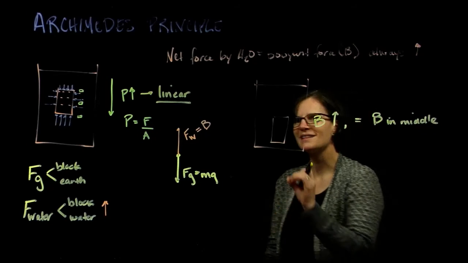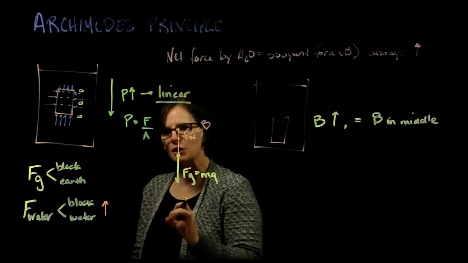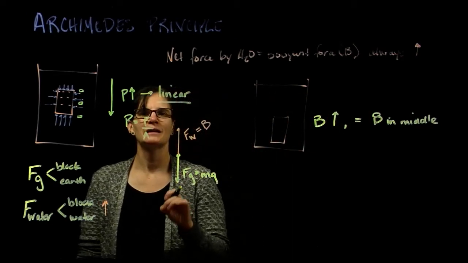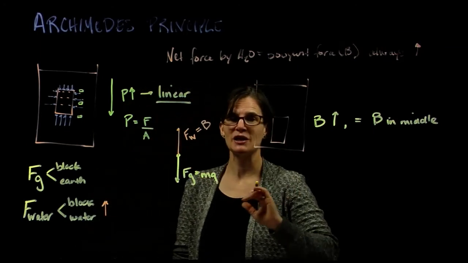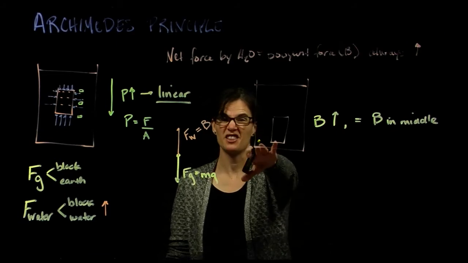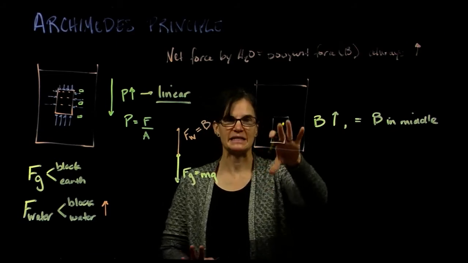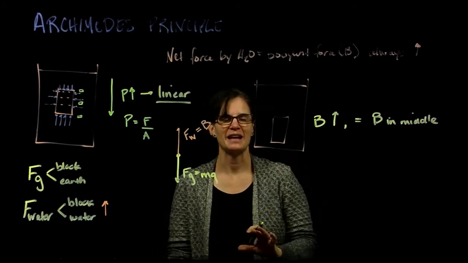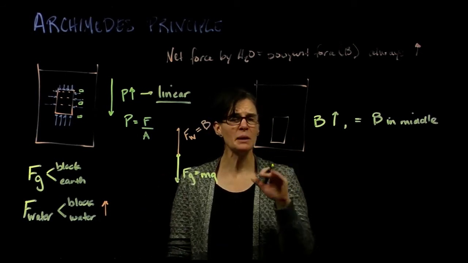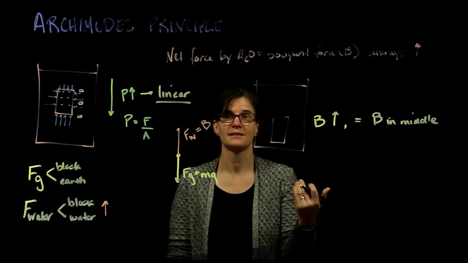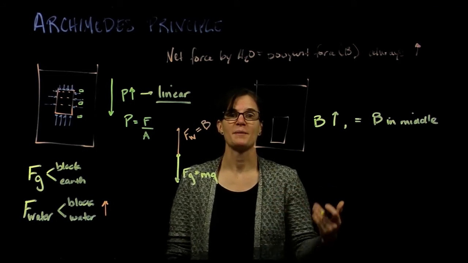So once I have a fully submerged object that is not touching the bottom, because then I'm going to have another interaction, the bottom there, that I have to consider in terms of the net force on the object. And we'll get to that. But for a fully submerged object, the buoyant force remains the same.